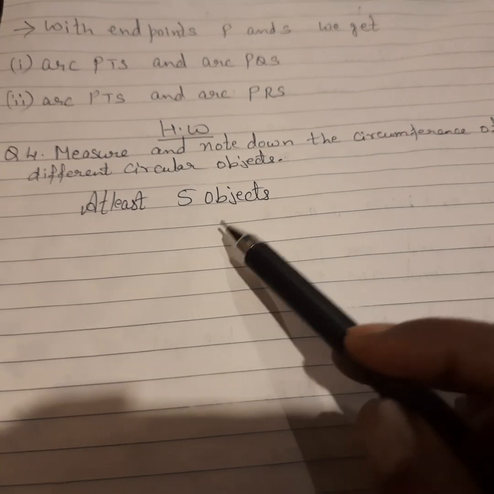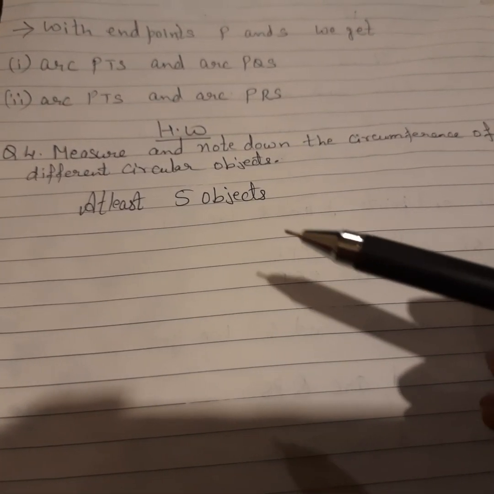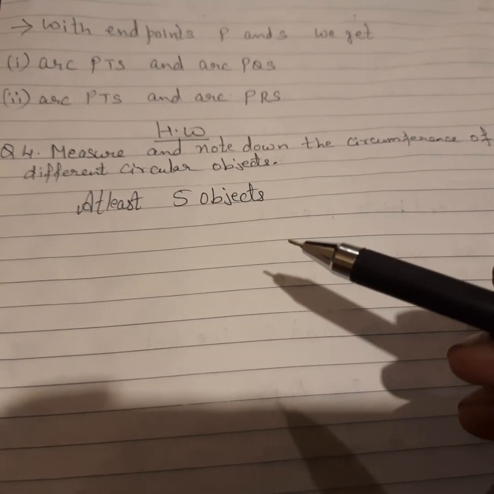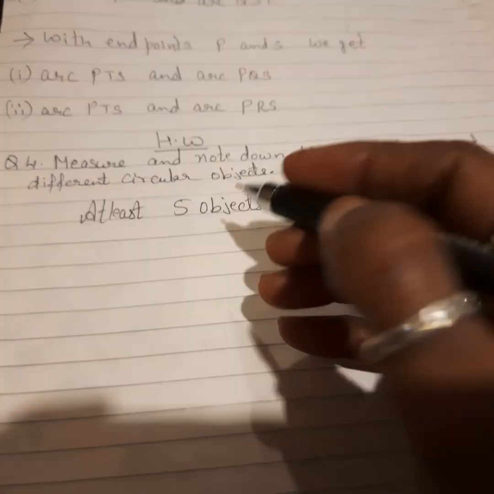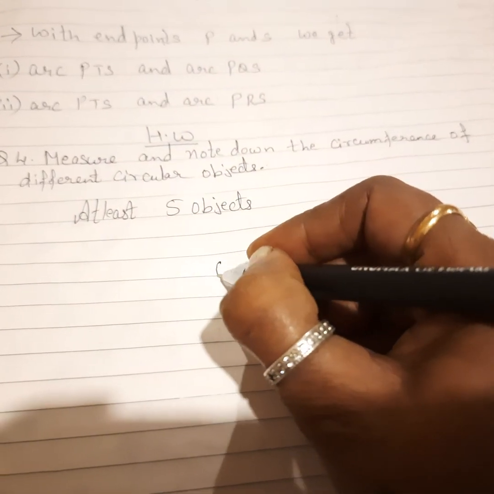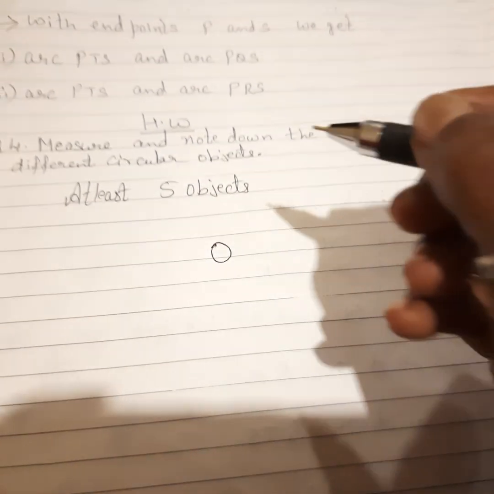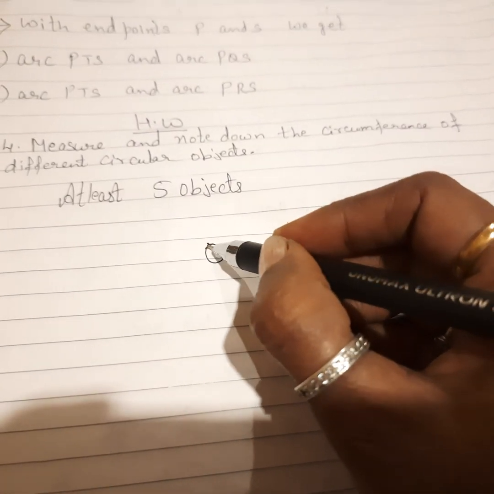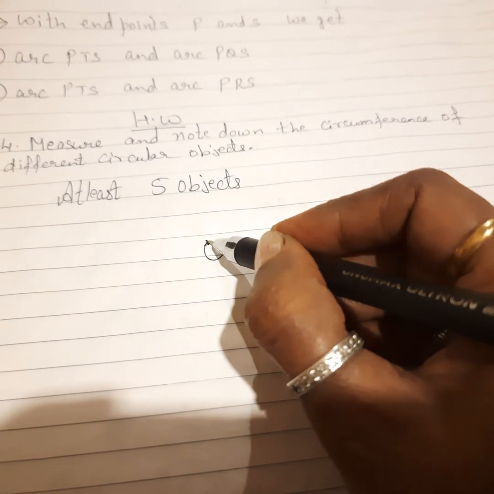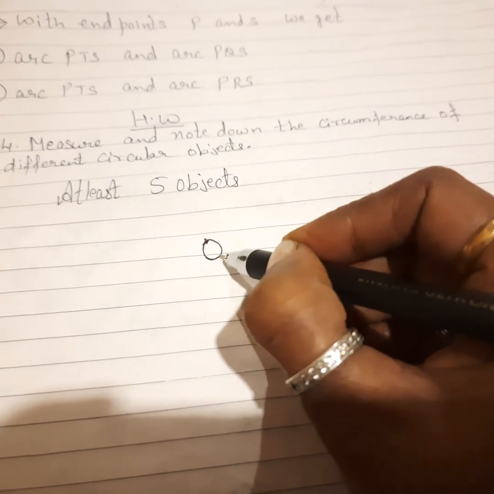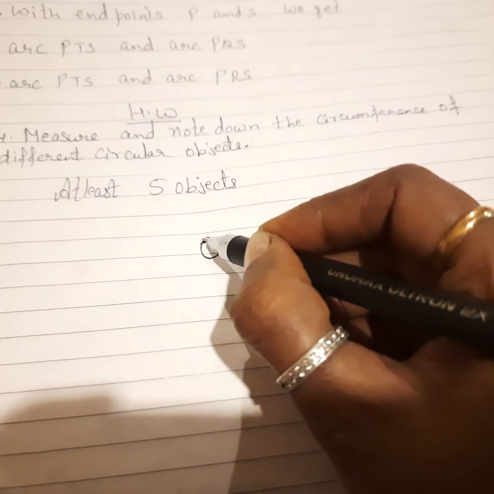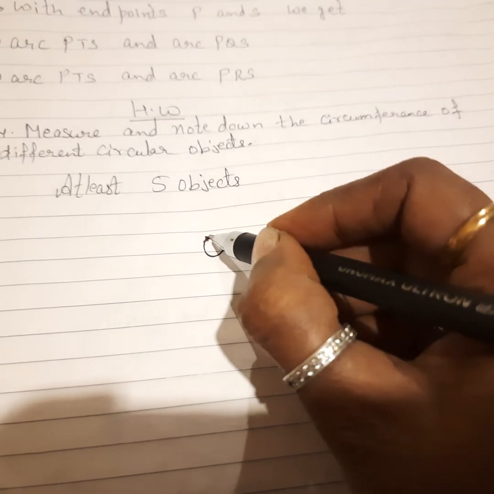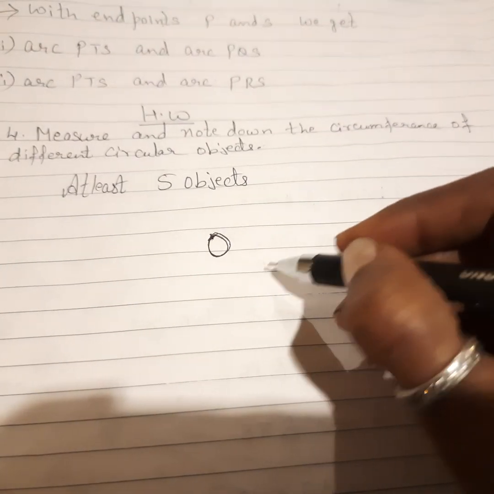So, simple: take a string. For example, there is an object, the cap of a bottle. You take a string and place it at this end, hold it with your finger and put it round this, touch here, hold it, and then take it to a ruler.